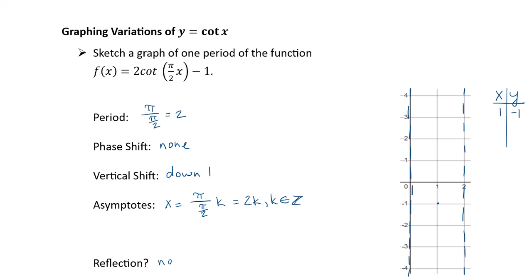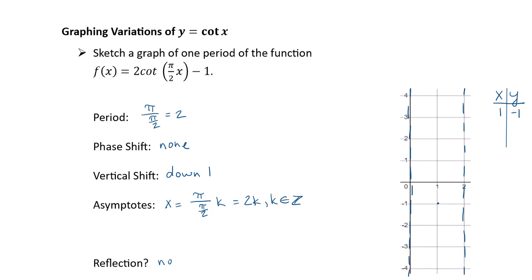And you can go ahead and run that in the equation itself. Up here, pi over 2 times 1 is pi over 2, and the cotangent of pi over 2 is 0, times 2 is 0, minus 1 gives me my negative 1.